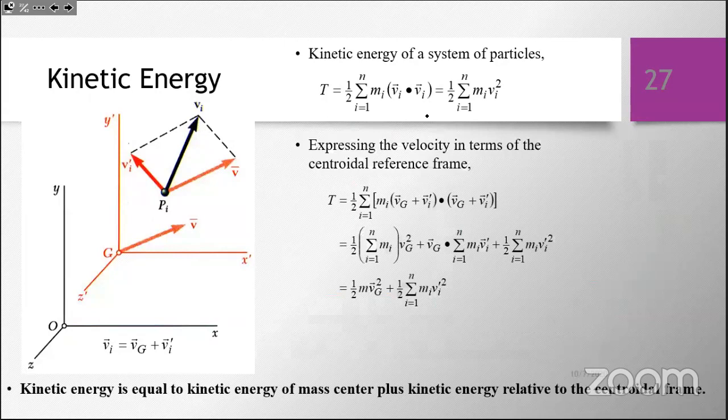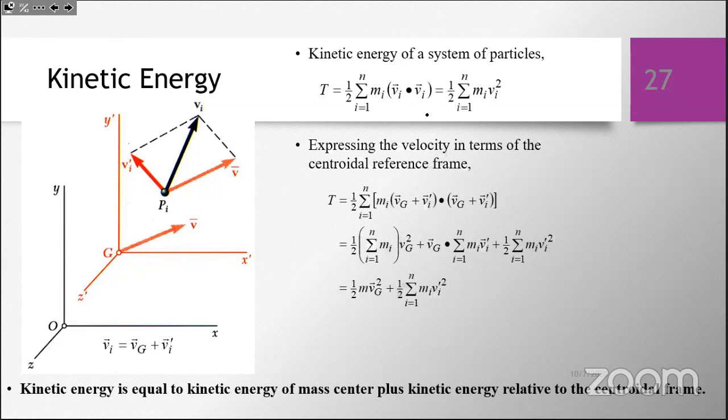All right, kinetic energy. We talked about kinetic energy before, right? 1/2 mv squared. Yes, it's 1/2 mv squared, but if you have a system that's rotating, we can talk about rotational kinetic energy as well. So what if I wanted to express the kinetic energy of a system of particles?